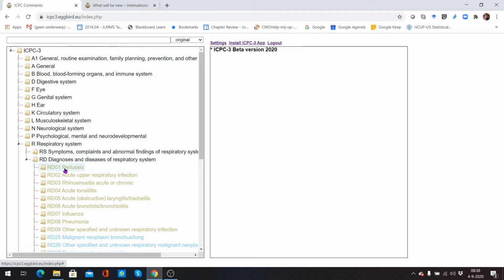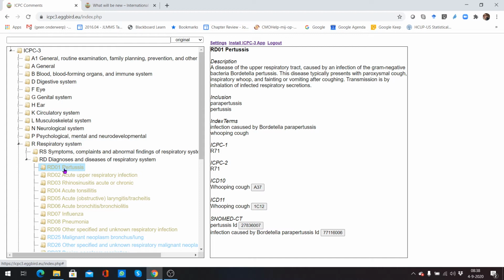If you click on pertussis, then you can see in the right hand window more information about the content of this class, such as a description of the disease, the inclusions, and the links to previous versions of the ICPC 1 and 2, and to the ICD, and to a clinical terminology, SNOMED CT.